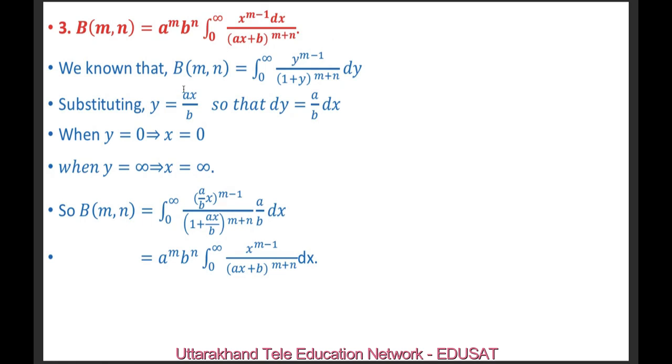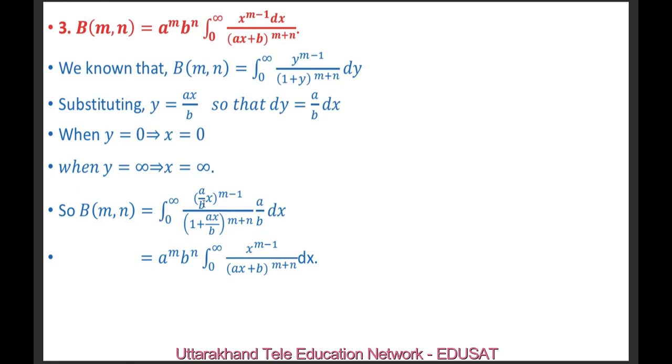Y is ax/b, so y^(m-1) becomes (ax/b)^(m-1). dy is a/b dx. 1 plus y is 1 plus ax/b, and the power is m plus n. So the power of a is m minus 1 here, and it is 1 here, so it is a raised to m minus 1 plus 1, a^m.